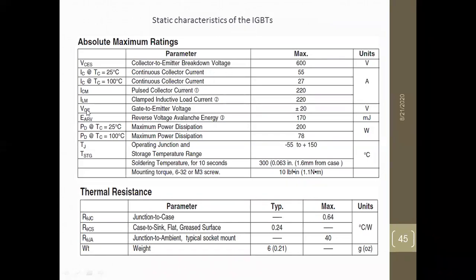Next one, VGE, the gate to emitter voltage, is plus or minus 20 volts. Reverse voltage avalanche energy is 170 millijoules. These are the different ratings of an IGBT for all the power conditions, and also the collector current values, parameters, gate emitter voltage, and also the collector emitter voltages.